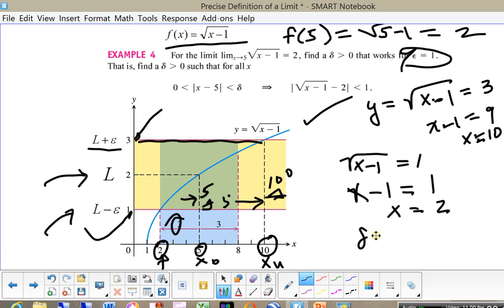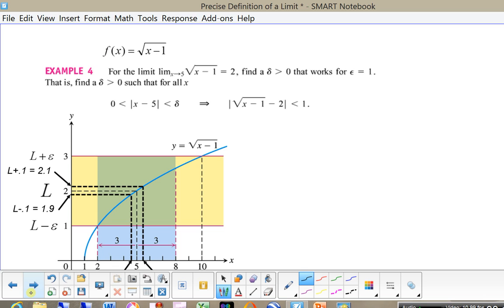So we pick delta equal to 3. So if anyone picks a value of x within the blue region here that's within 3 of x naught, it's easy to see that the f of x will be within epsilon of the limit 2.